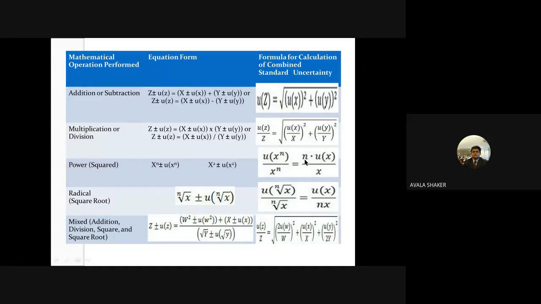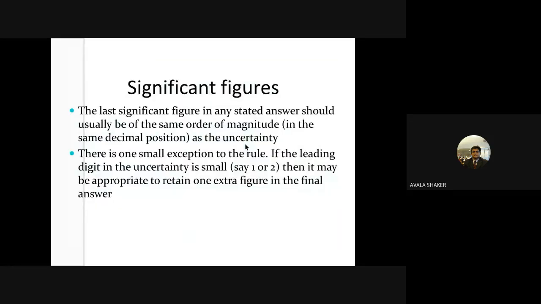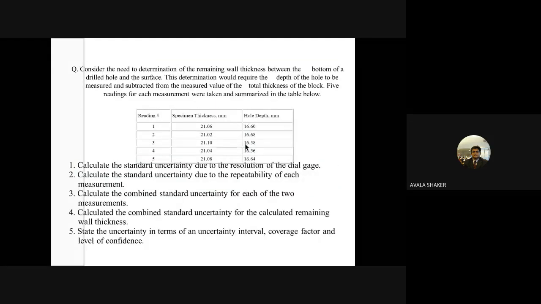If your function is x cubed, then it is going to be 3 times the uncertainty in x. And then mixed we have this. I'll skip this. So we'll discuss this problem and then we'll do this problem on Excel.